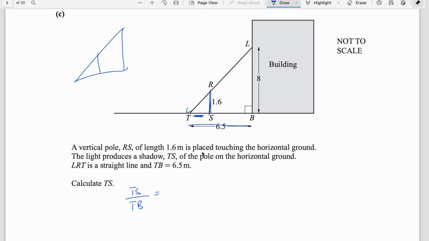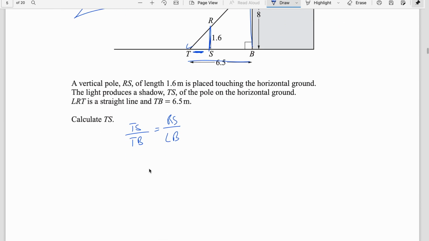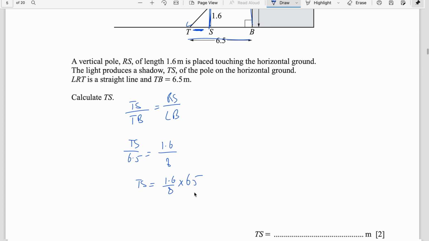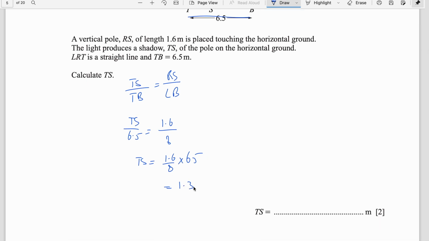On the other side, RS corresponds to LB. Substitute the values. TS is unknown, TB 6.5, RS is 1.6, and LB is 8. So TS equals 1.6 by 8 times 6.5, that is 1.3.